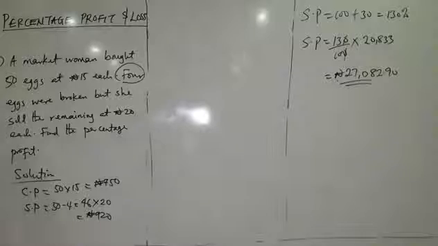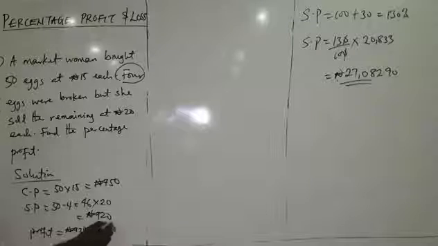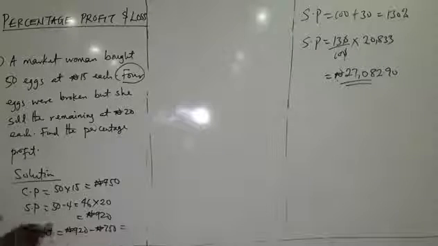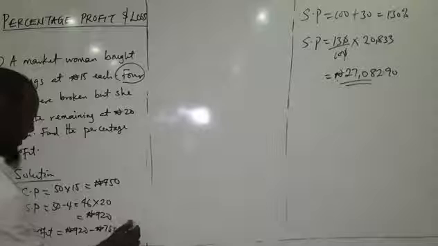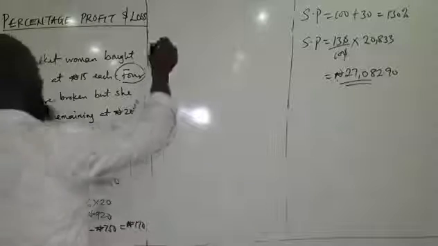So profit now. What will be the profit? The profit here will be the selling price 920, which is more than the cost price, minus 750 naira. And that gives 170 naira.